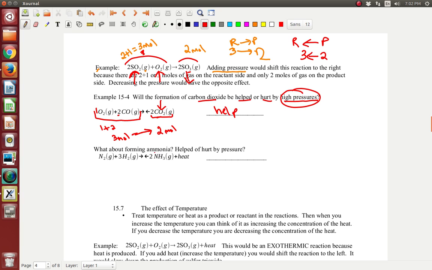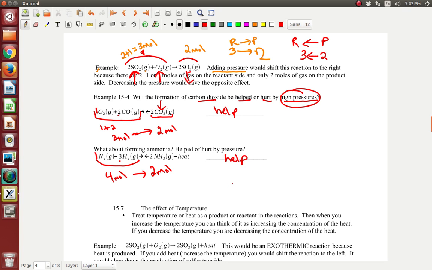All right, what about forming ammonia? This time on the reactant side, I have 4 moles of gas because there's 1 there and 3 there, and I have 2 moles of gas on the product side. Will increasing the pressure help or hurt? Well, it's going to push it this way, so it's also going to help.